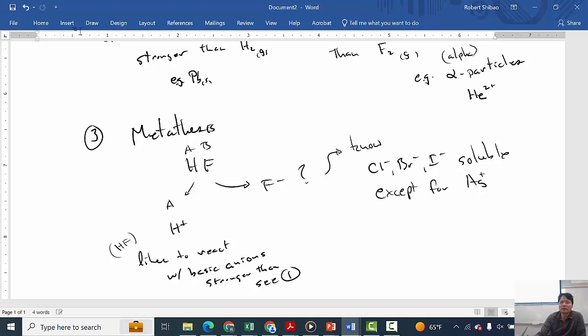Silver, lead, and mercury. Mercury 1, lead 2.